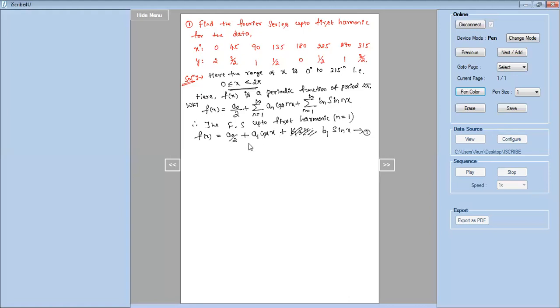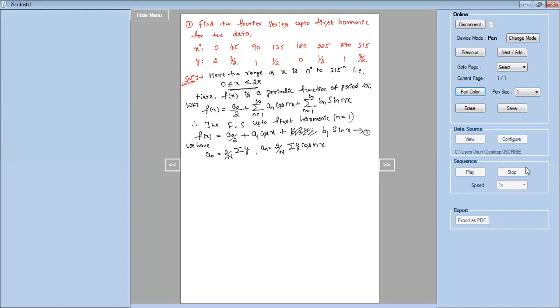Now what are the formulas for a naught, a1, b1? We know the formula for a naught is 2 by capital N into summation y. And the an formula is 2 by capital N into summation y cos nx.